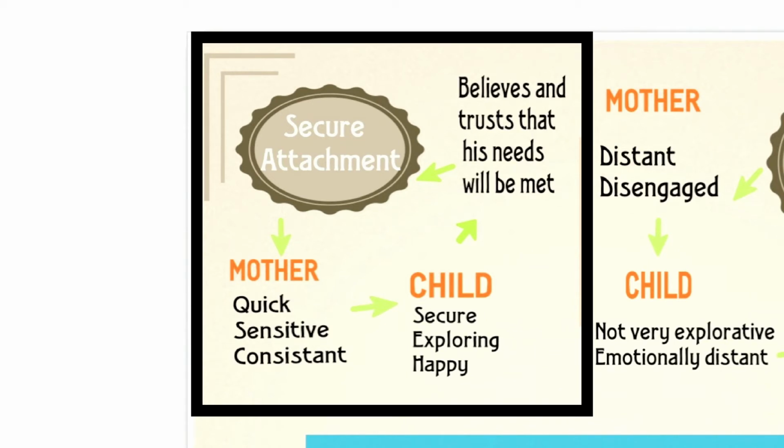When the stranger came in, these children went to their mom as a secure place to go, then slowly ventured to be with the stranger, and understandably fretted when mom left, their secure base.